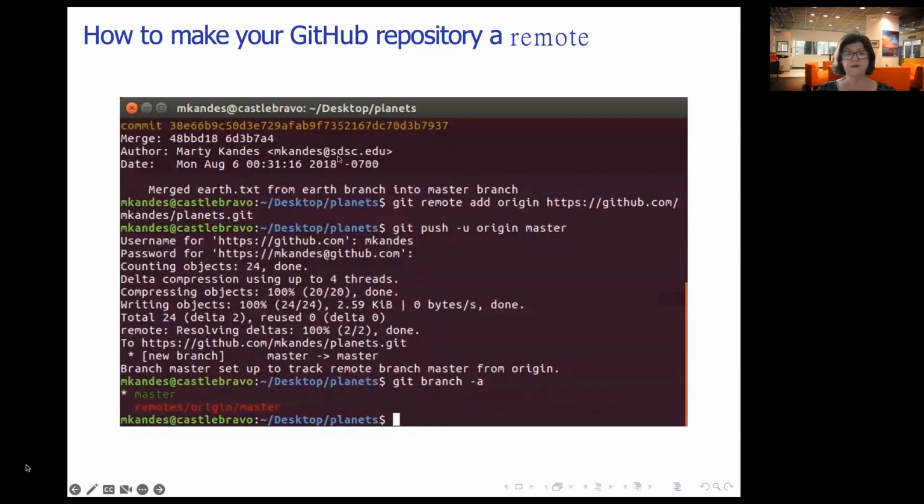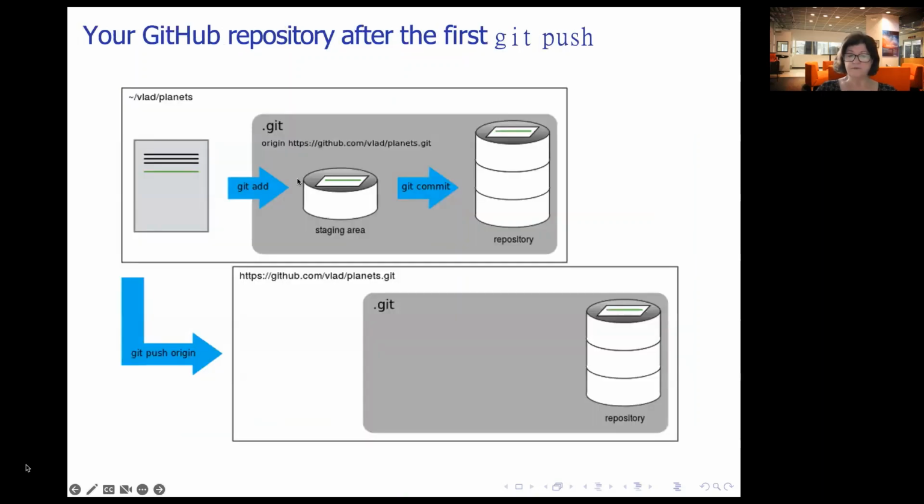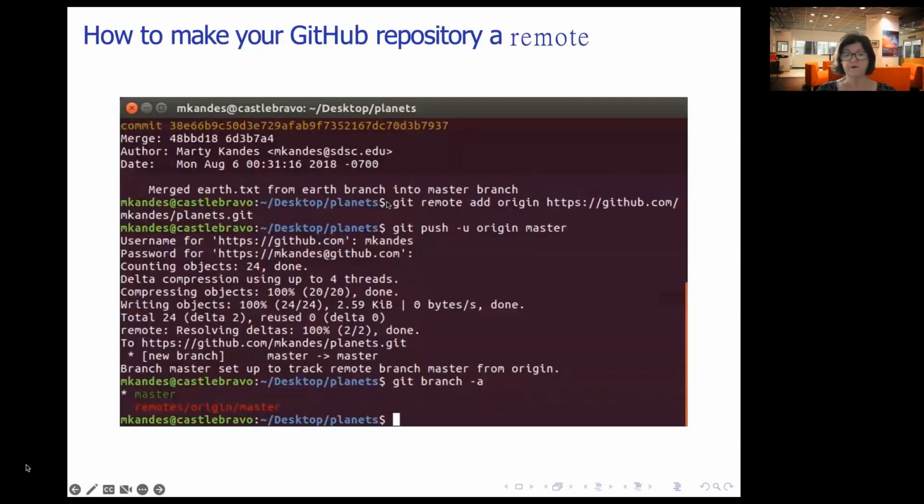All right, so in this case, we've made that repository online, and now what we're going to do is take this branch from the local repository and push it up to the online repository.